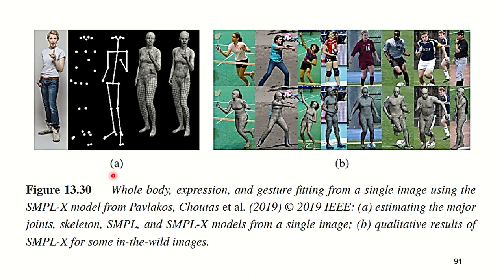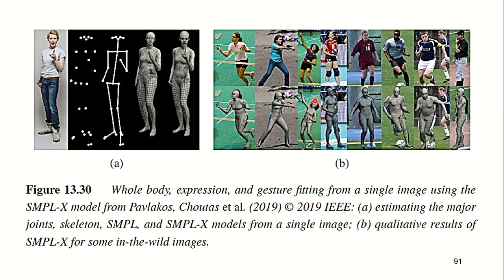This picture shows whole body expression and gesture fitting from a single image using the SMPL-X model. So estimating the major joints from this single picture. These are the major points, and then the skeleton from these points, and then the SMPL and SMPL-X models for this single image.